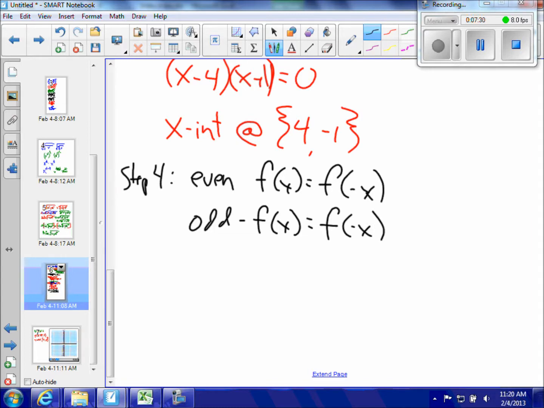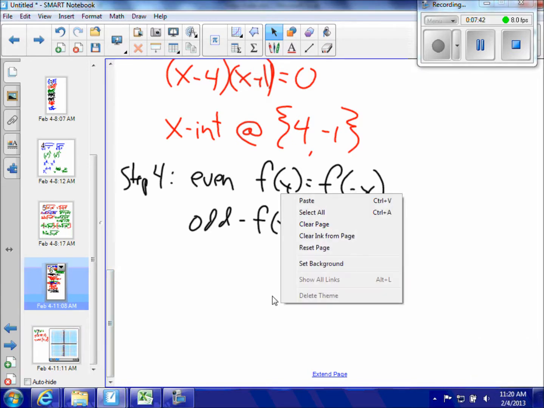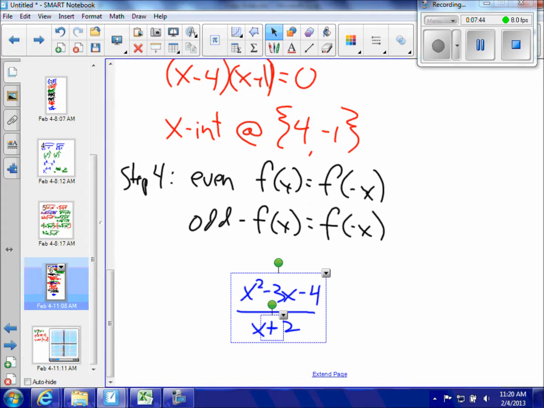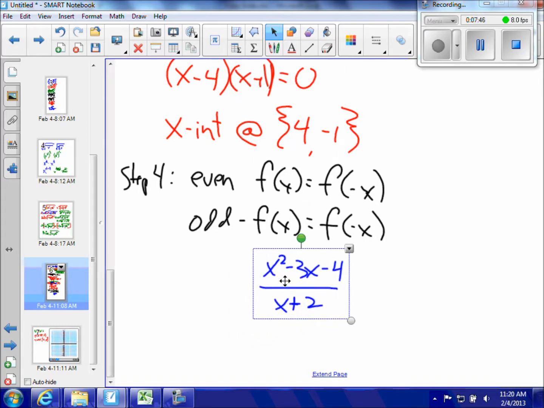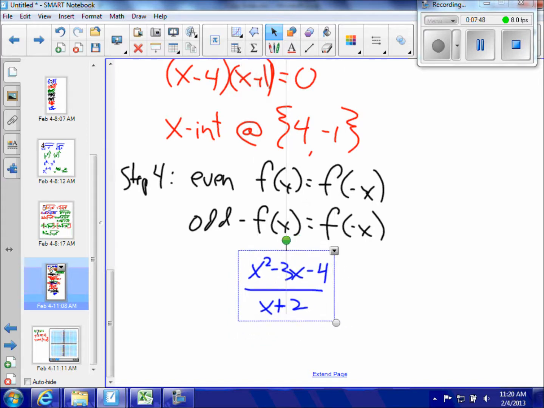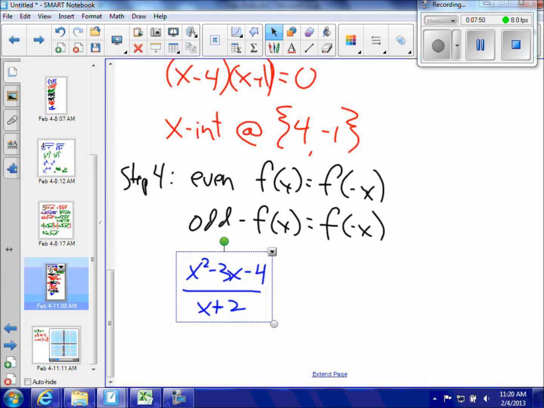So why don't I first find out what f of negative x is? I'm going to paste my function back in here. Here's my function. This is f of x.